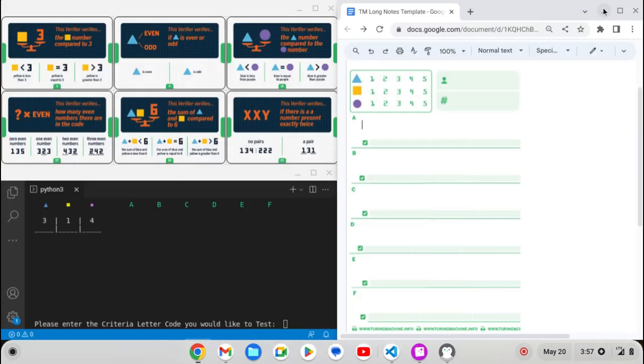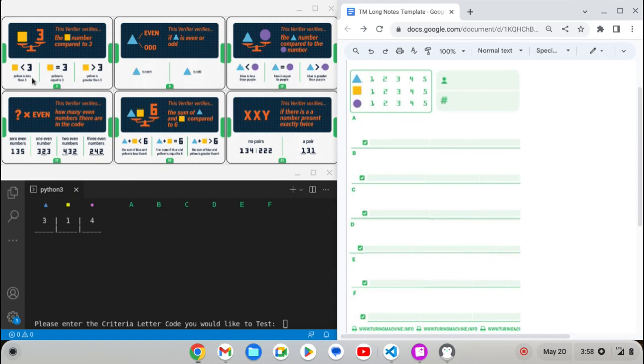Let's go solve. In our grid above, we've got our 6 criteria cards: A, B, and C on the top row, and D, E, and finally F on the bottom row. Criteria card A looks at the middle digit, the square digit, and compares it to the number 3.